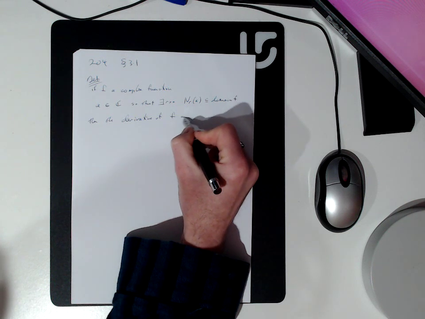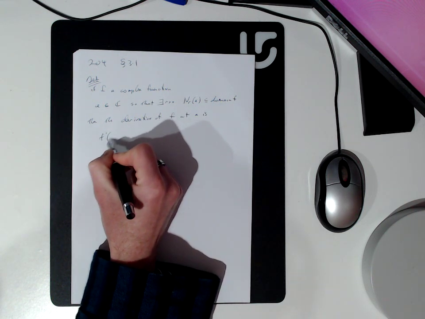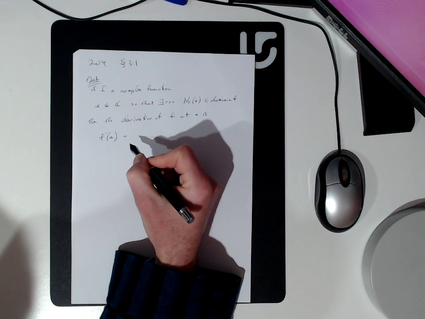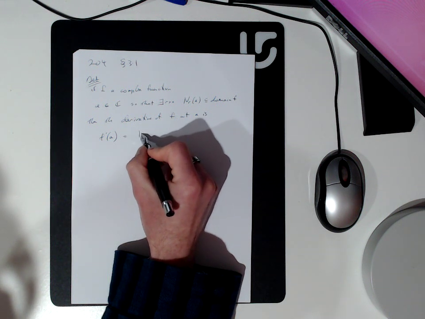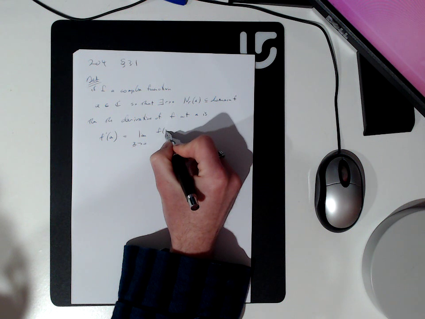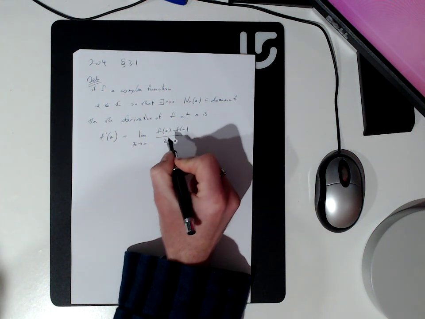of f at A is, and for those of you who have seen the epsilon delta proof of differentiation for the real numbers, this will not be a surprise, the limit as z goes to A of (f(z) minus f(A)) over (z minus A). Beautiful.